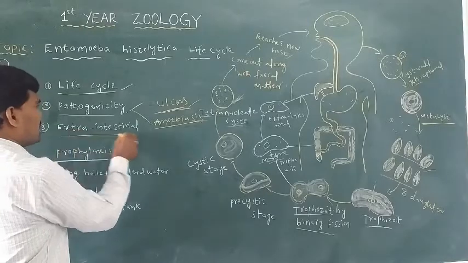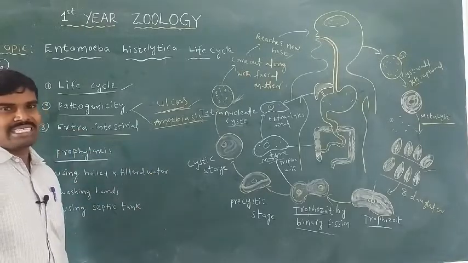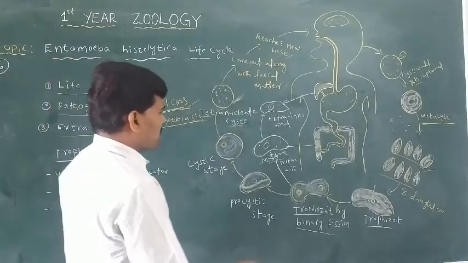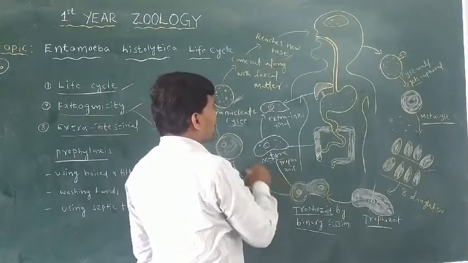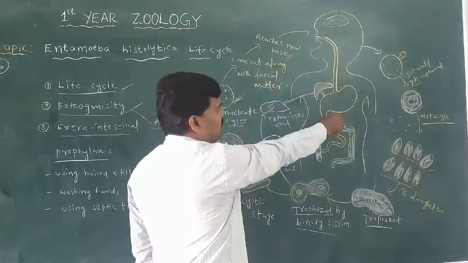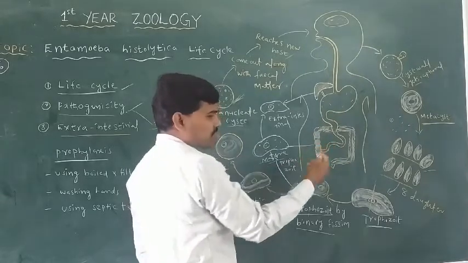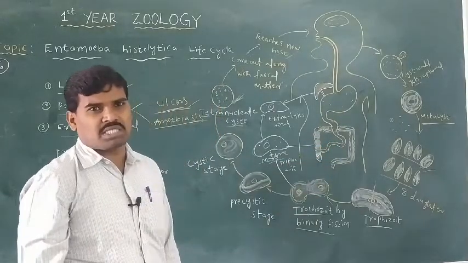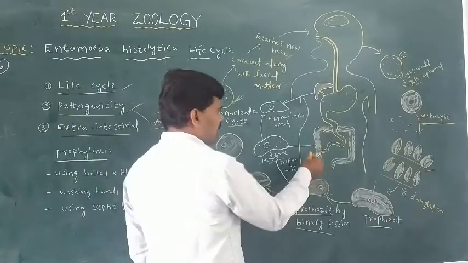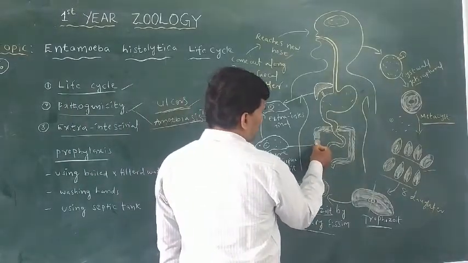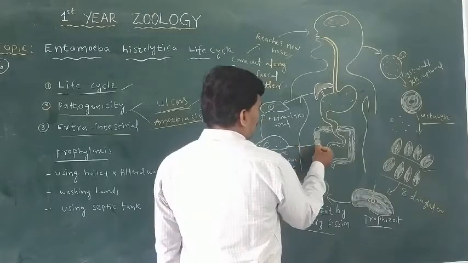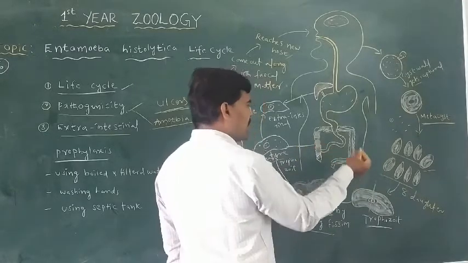Next, extra-intestinal migration. Entamoeba histolytica reaches the small intestine, next the large intestines. It damages the mucosa and submucosa cells, sometimes forming holes in the large intestine, and they come out of the large intestine.